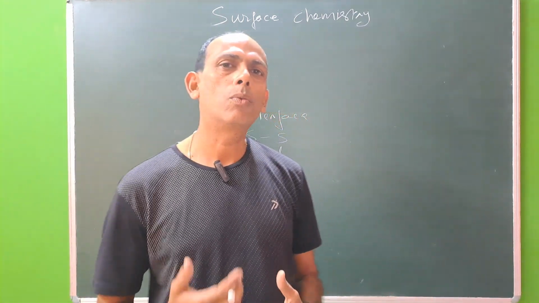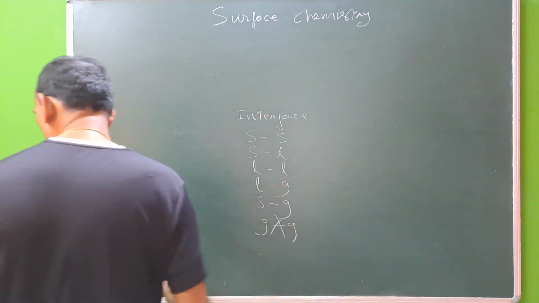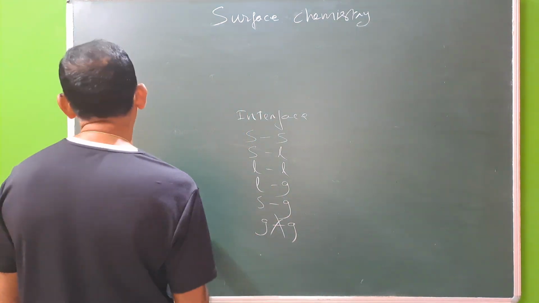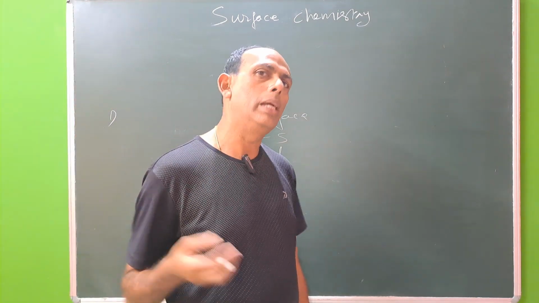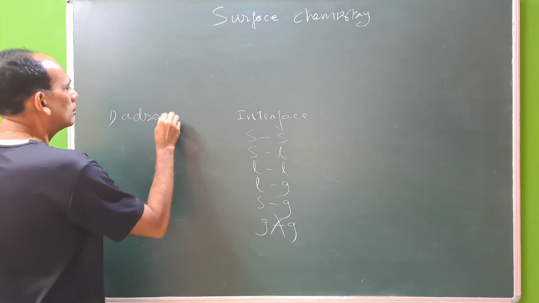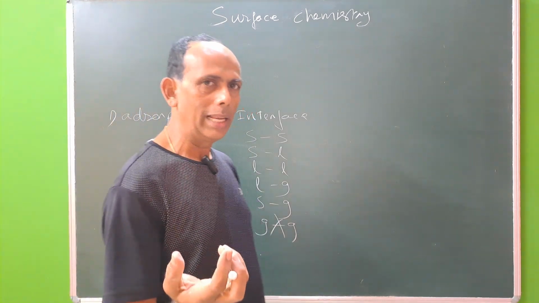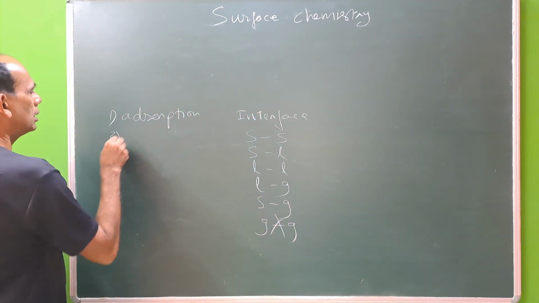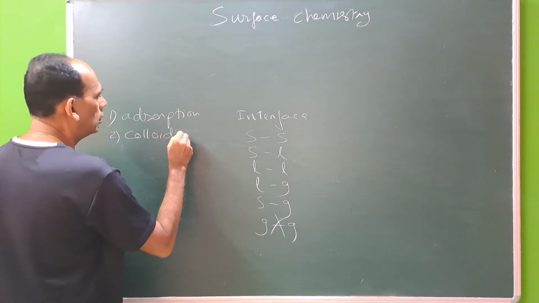So let us understand the different surface properties. I'll list them one by one. The first property that we are going to learn now is adsorption. I'll tell you the meaning of this. The second property is colloidal property, that is also there in the chapter.